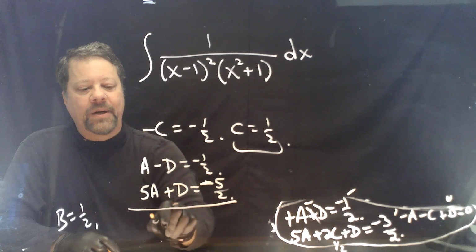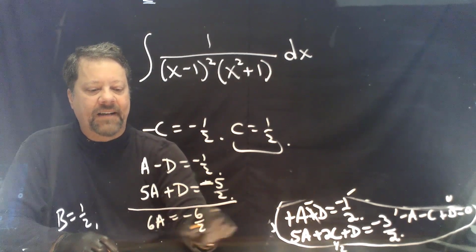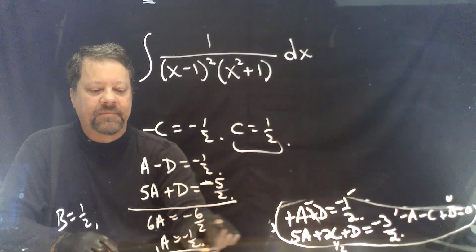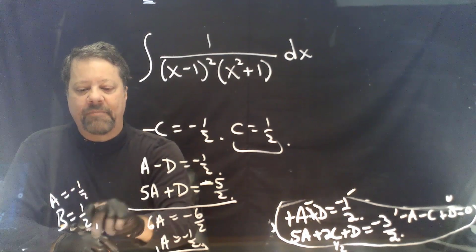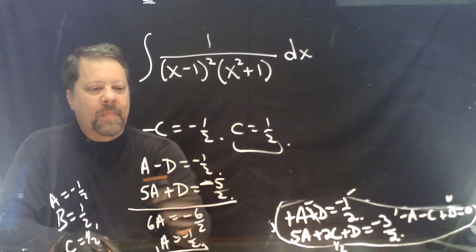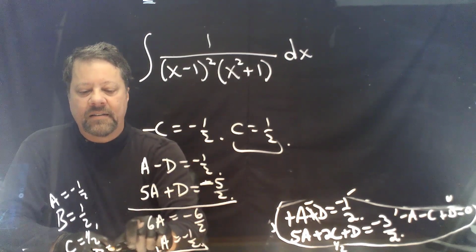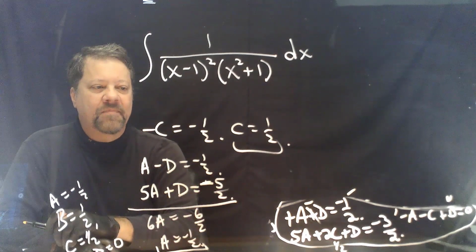Adding these 2 equations, 6a is negative 6 halves, and hence a is negative 1/2. So we have a is minus 1/2, b is 1/2, c is 1/2, and if a is minus 1/2, then d is 0 from this equation here.